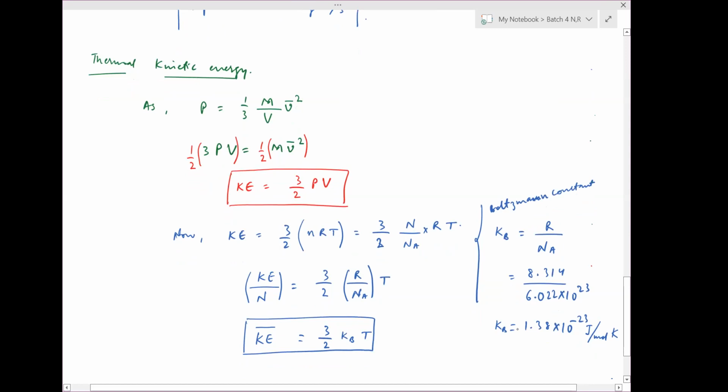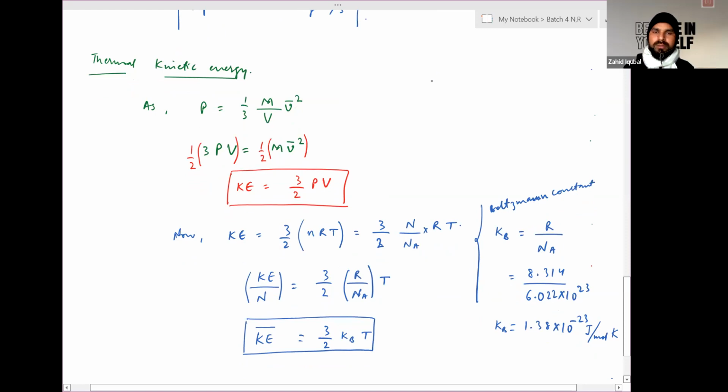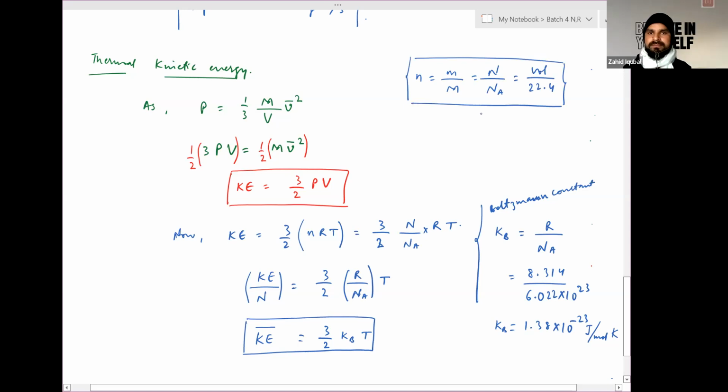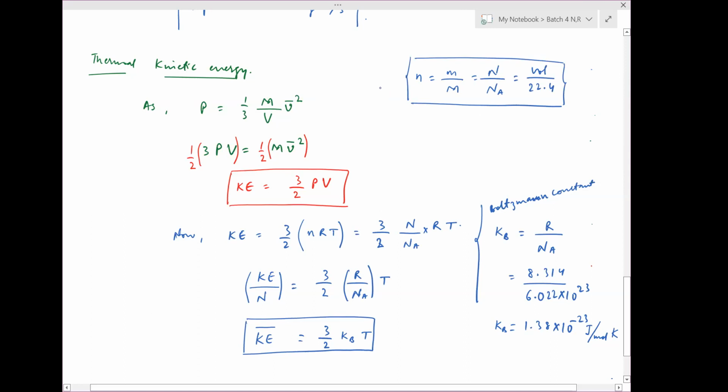Okay, just write it down. Is big N the number of particles, right? Yeah. You must have learned about number of moles. n equals given mass by molar mass, or number of particles divided by Avogadro number, or given volume divided by 22.4 liter. These are different formulas to calculate number of moles. Is it clear? So what is KE bar?